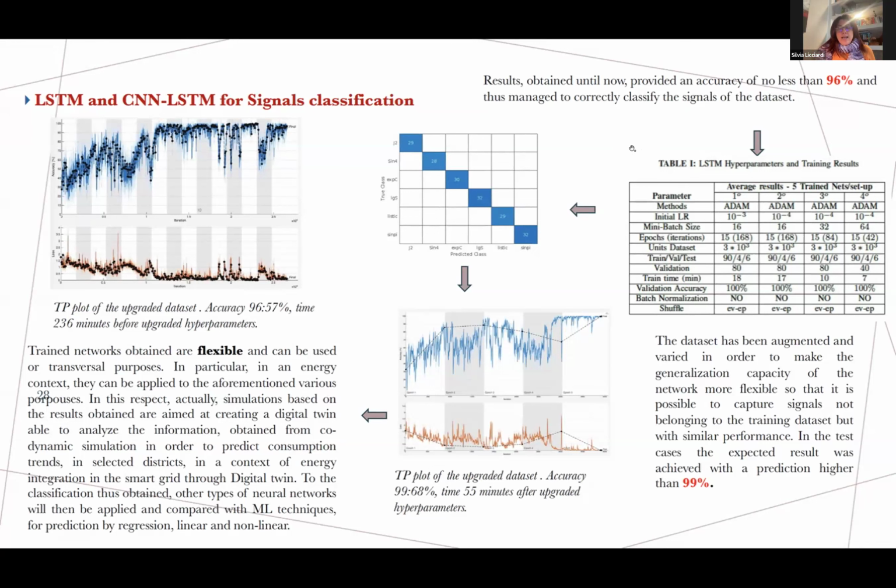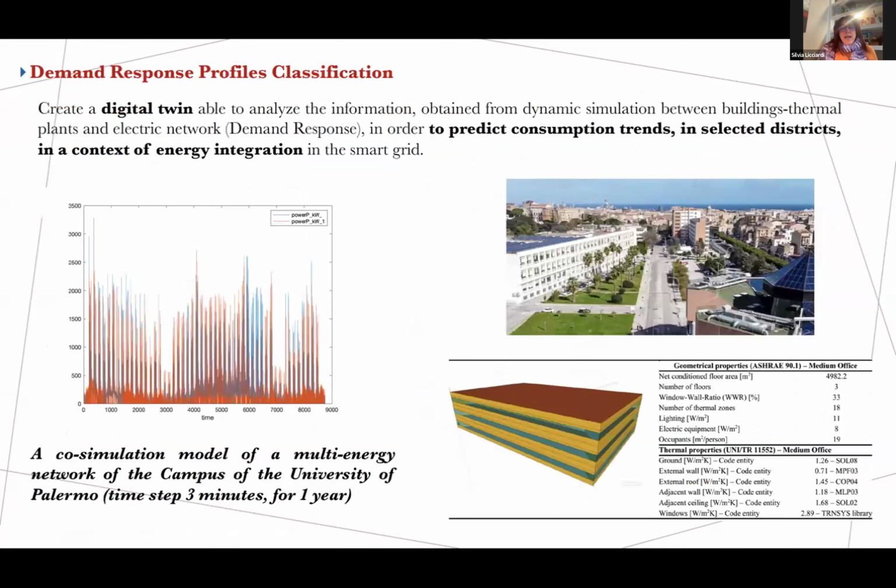In fact, I applied it, if we go on, with my colleagues. We chose, this is the photo of the campus of the University of Palermo. We selected some buildings, and for these buildings we set some characteristics, like, for example, external or internal temperature, meteorological conditions, number of occupants, number of electrical devices, and so on.